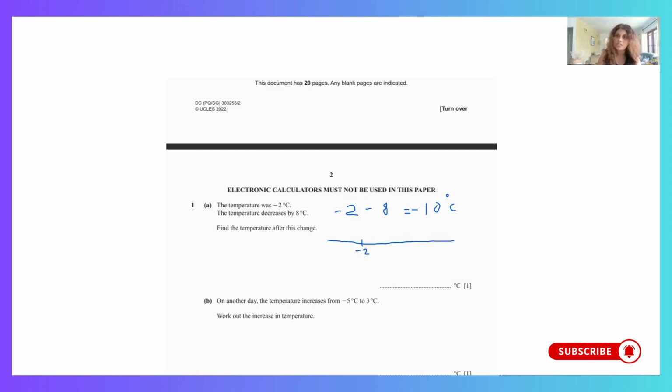There you need to count how many units there are from -5 to +3. You can do that in both of these ways, by using a number line or by finding the difference between +3 and -5.